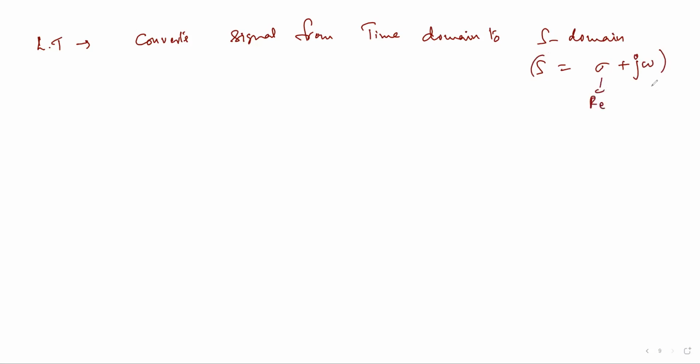Sigma is the real part, omega is the imaginary part.